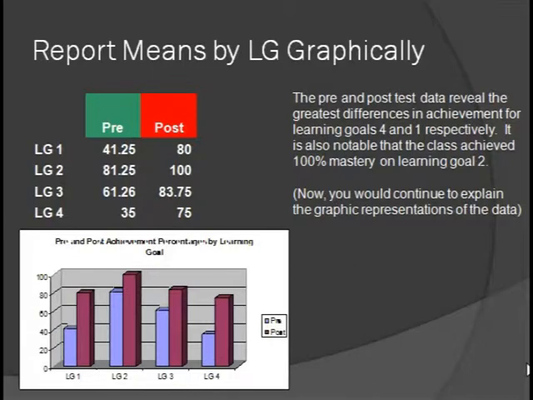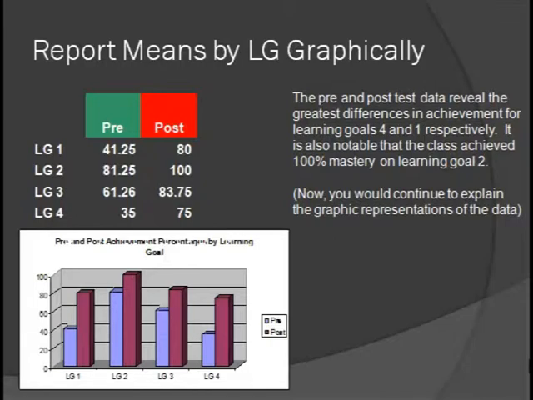Again, this is looking at just the learning goals. When you report your means by learning goal, the graph, again, is down at the bottom left. You have your data just above it. And then, again, your narrative says, pre- and post-test data reveal the greatest differences in achievement for learning goals 4 and 1, respectively.